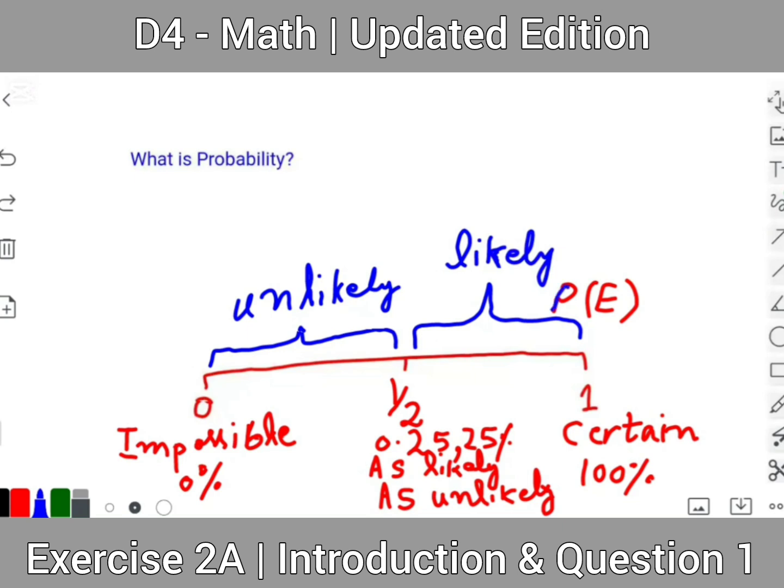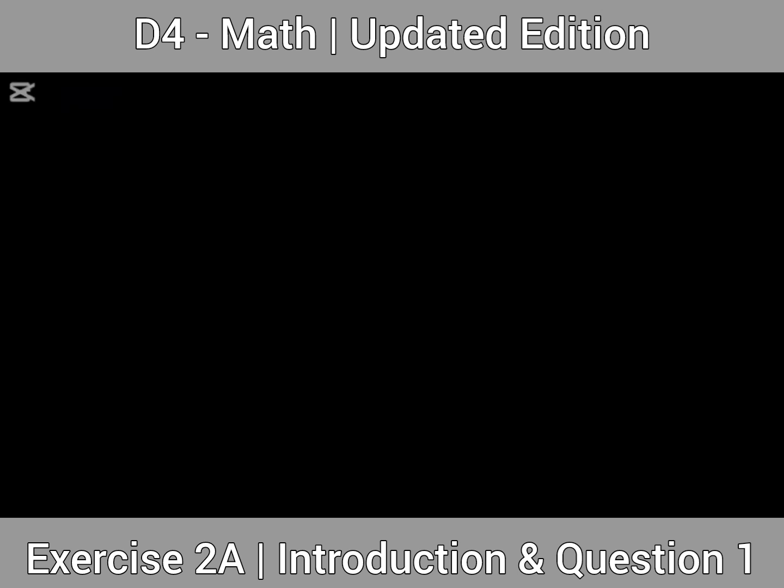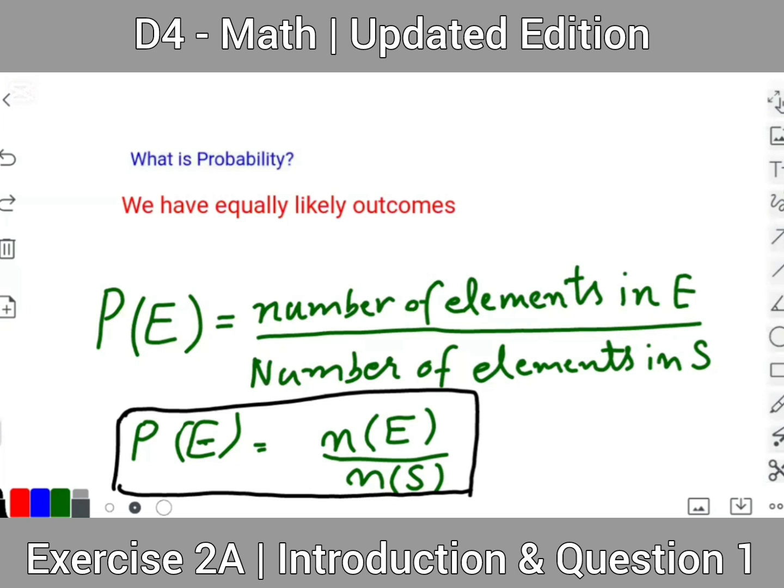Now we will learn the formula of the probability of an event. Here we have all the outcomes equally likely, so there are no unlikely outcomes.